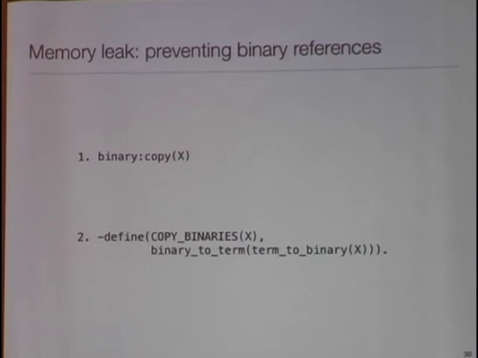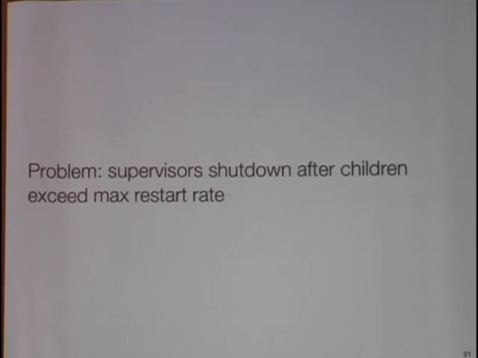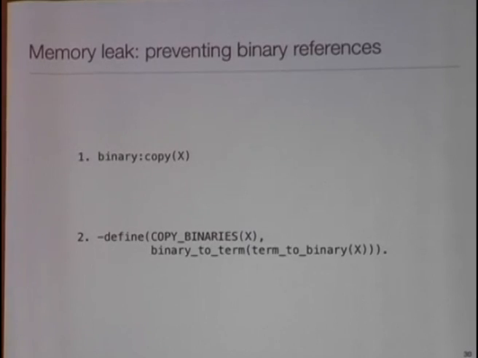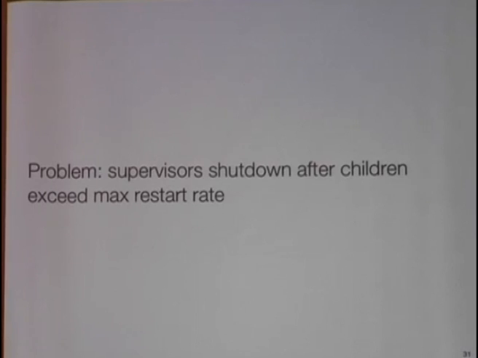So what we pass here as input is the deserialized protocol buffers. Because the library doesn't support copying sub-binaries natively, we wrap deserialization in that transformation, and it works automatically. So that took us maybe a couple of days to chase.